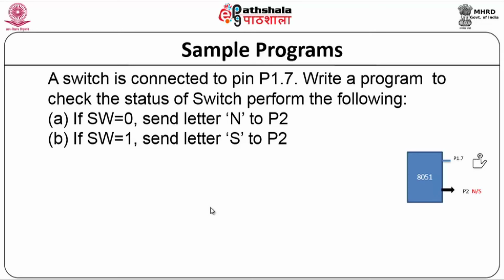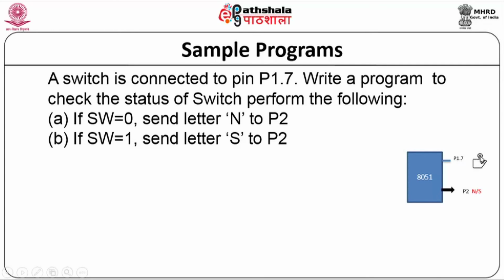Now, I have given a simple program where a switch is connected to pin 1.7. You just see that I have taken pin 1.7, there is a switch there, and I wanted to write code that looks at the status of the switch, whether the switch is pressed or released.